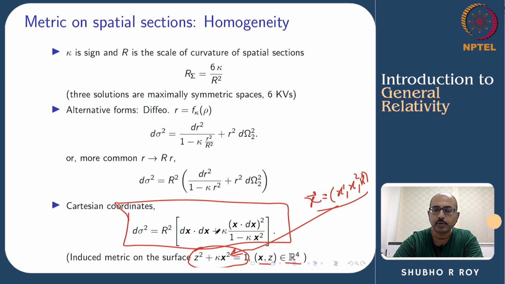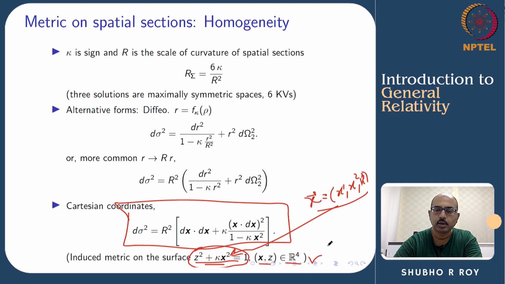Now, if you set kappa equal to 0, you indeed get the R3 metric. Although in the hypersurface equation, you cannot put kappa equals 0. Actually, you can put kappa equals 0, it doesn't matter. That gives you z equals +1 or -1, which are a double plane, but we only want one.